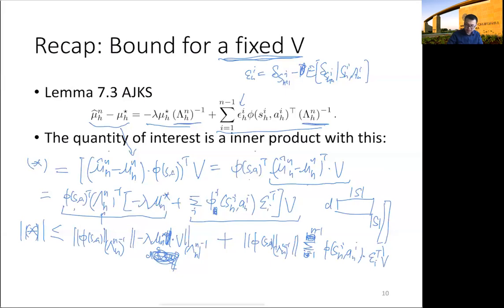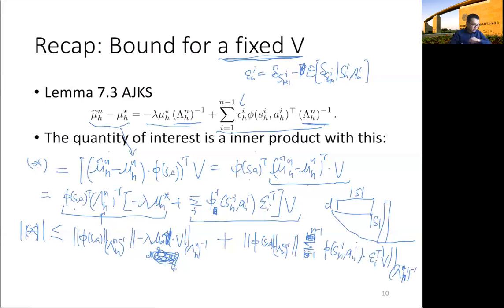Let's put this in here, and due to the Cauchy-Schwarz inequality and the split matrix in the middle, this norm is also with lambda H_n minus 1 inverse. Okay, so then it boils down to bounding these two quantities separately.